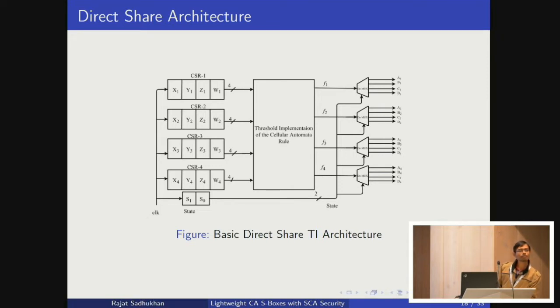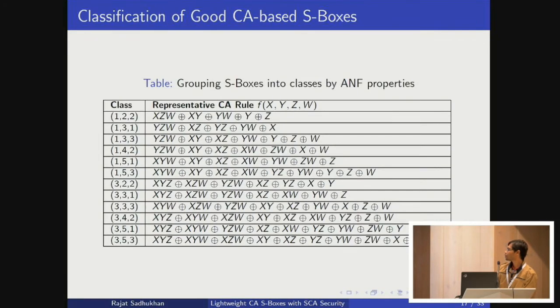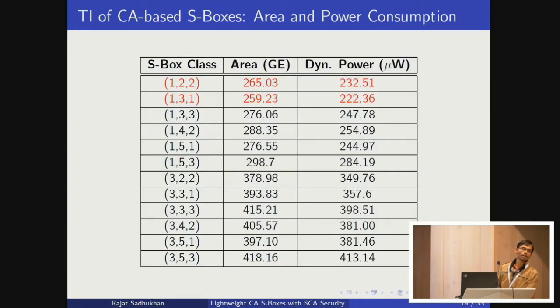My second question is, how do you achieve or guarantee uniformity? Yeah, so when we decompose a Boolean expression into the number of shares, we check the uniformity using the uniformity table.